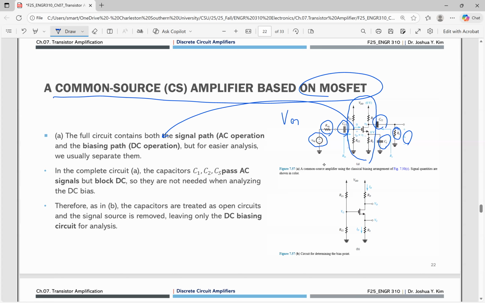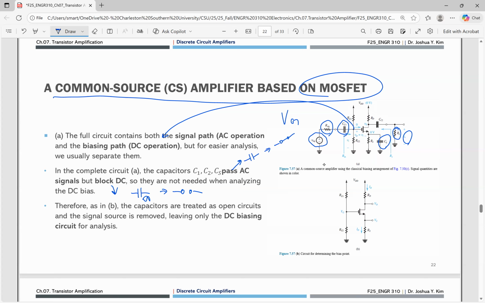In the complete circuit A, the capacitors pass the AC signal, meaning the capacitor works as a short circuit, as we learned before, but block the DC, meaning the capacitor works as an open circuit, which is infinity. So we can separate them and analyze more clearly. We can remove the signal sources, leaving only the DC biasing circuit.